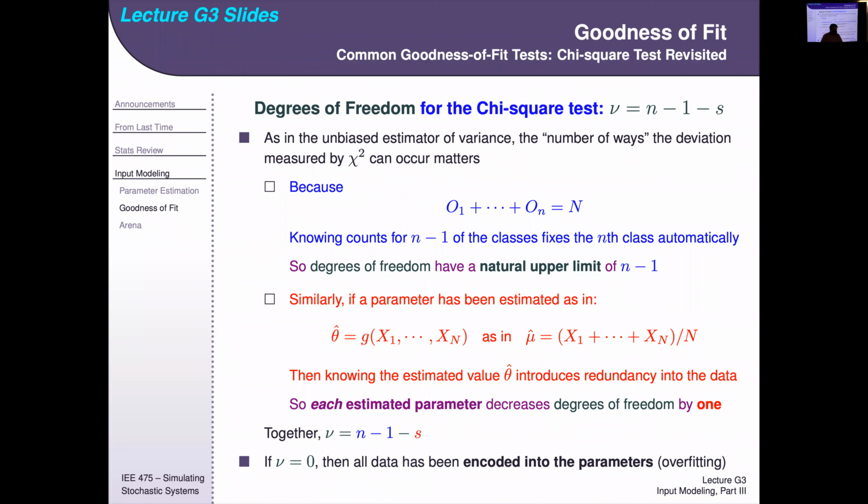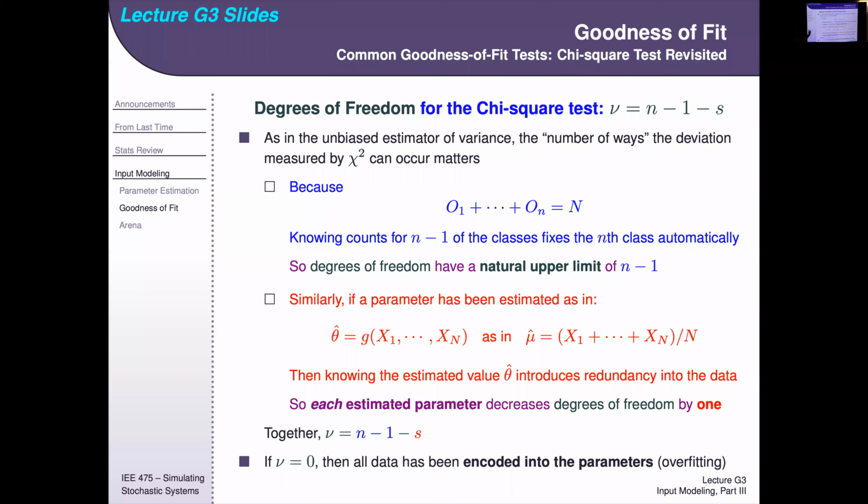But if you then also estimate the mean and the standard deviation or the variance, that's another formula where, once you know that estimated mean, you need to know less about your data. It's like if I tell you n-1 points and the mean, because the mean was calculated with all n points, I've effectively told you the last point as well.